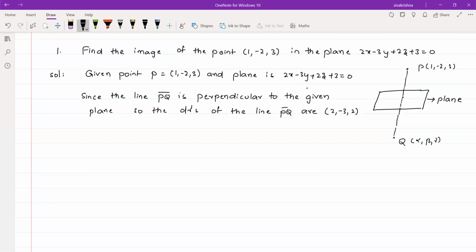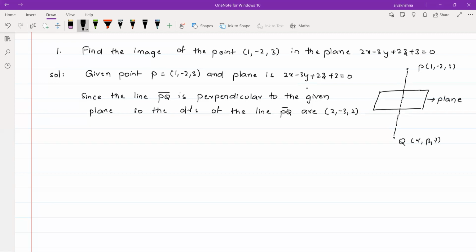We can take the coefficients of x, y, z as DRs because the line PQ is perpendicular to the plane. Whenever we have this kind of situation in any problem, we can take the DRs of that line in this way.